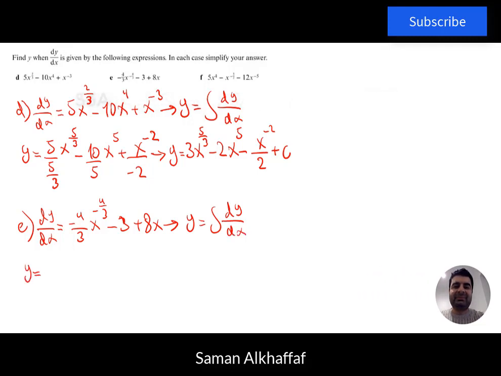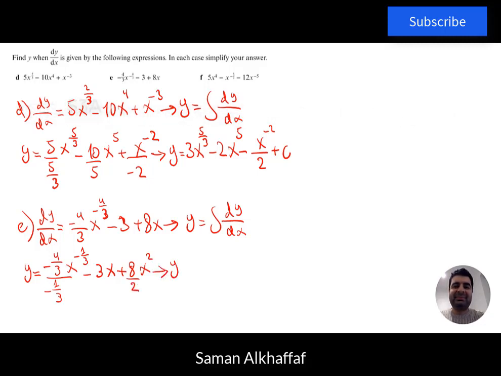Y is, in this scenario, we would have minus 4 over 3 x to the power of, so minus 4 over 3, if we are adding 1 to it, that would give us minus a third, and then divide it all by minus a third, minus 3x plus 8x squared over 2.